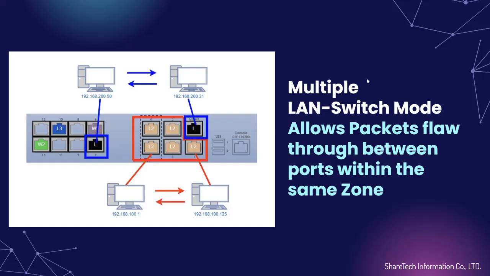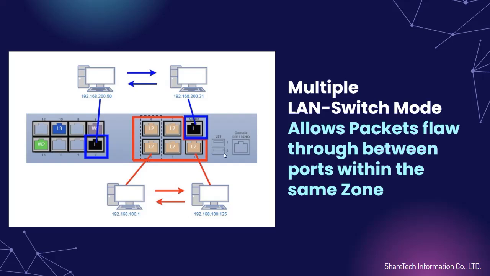This is switch mode. It allows packets to flow freely between ports within the same zone. In the diagram on the left, I have marked the two zones using blue and red frames. Devices within the blue frame can communicate freely if they are on the same subnet.